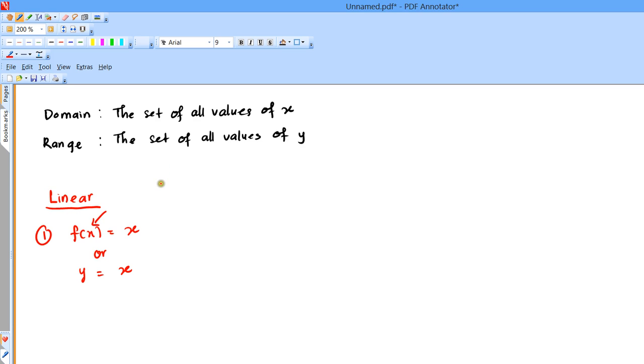Since domain refers to the set of all values of x, if we choose x to be any value, x from negative 2, -1, 0, 1, 2, then we get f(x) equal to -2, -1, 0, 1, 2.